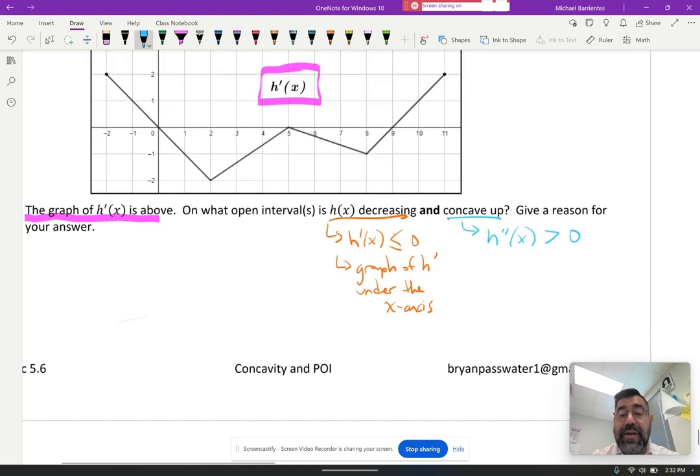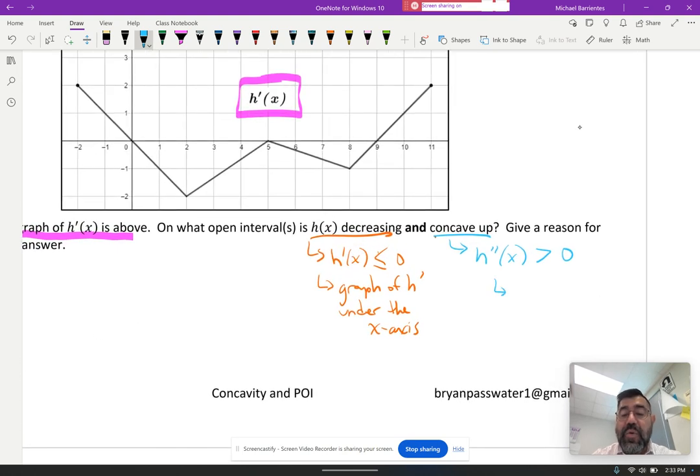And then here, I can say, when are the slopes of h prime positive? Because if I can figure out where these two things are happening at the same time, that's the answer that they want. Okay, so here we go. Where is the graph of h prime under the x-axis? Because that would be where h prime is negative, and that's where h is decreasing. So far, all of this qualifies.